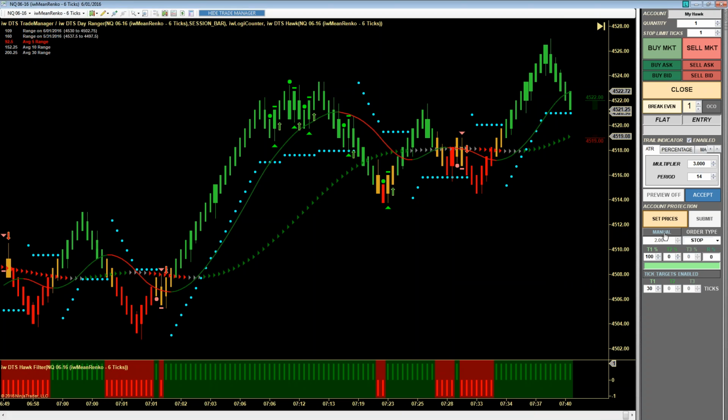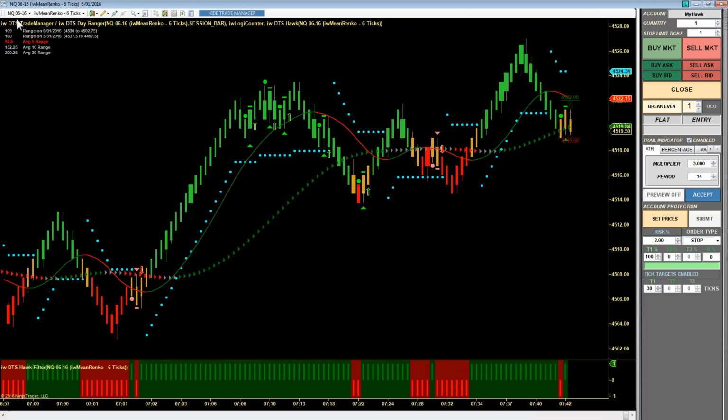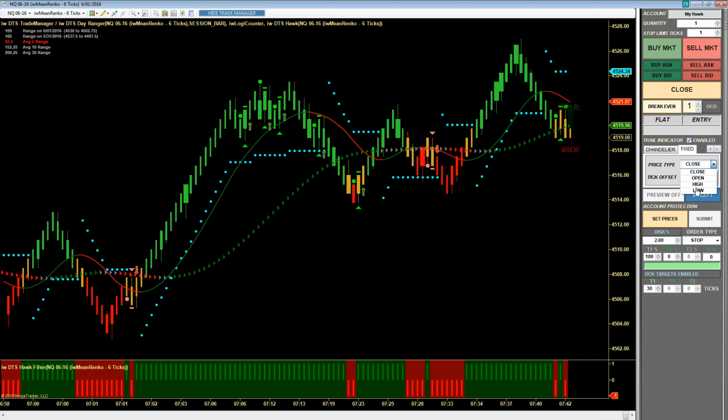Likewise, you could say, well, I'm going to run, say, 20% of the daily range as a stop loss, in which case you would run a 20-tick stop loss, and you could use your fixed tick strategy and maybe set 20 ticks off of the low, whatever the case may be.